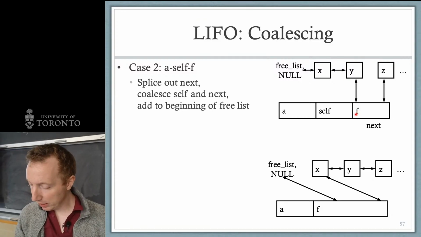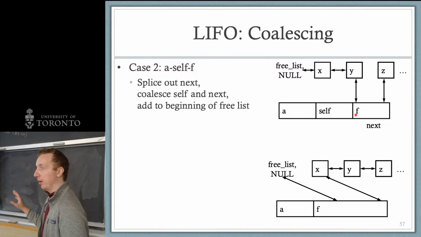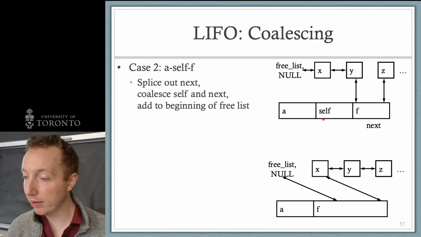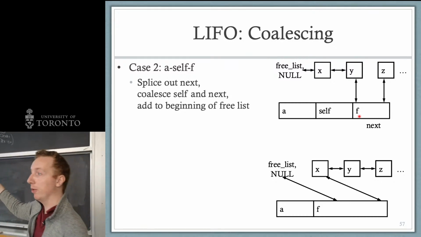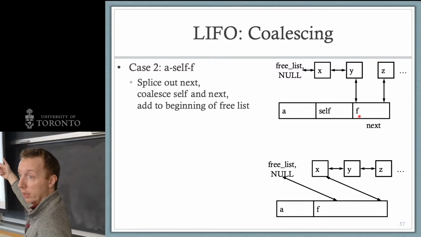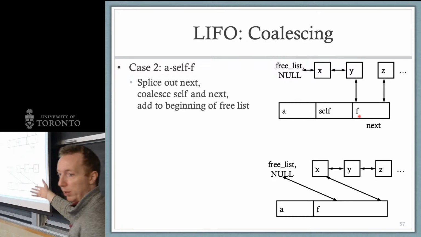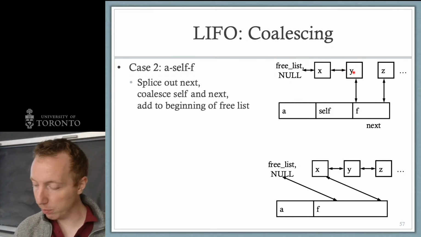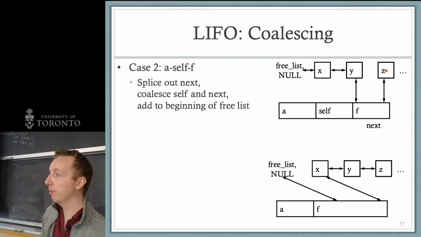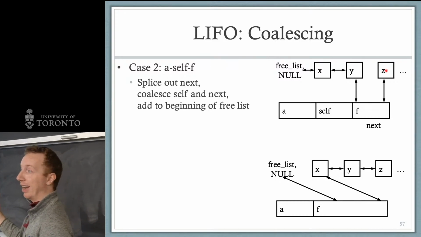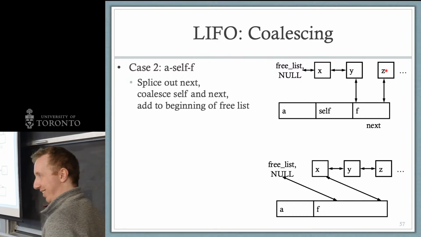So here I have to take into consideration the linked list, because my next element, whatever is contiguous to me in memory, would be in the free list, so it would have pointers to a Y and a Z. So I have to make sure that when I coalesce, I don't screw up my free list.